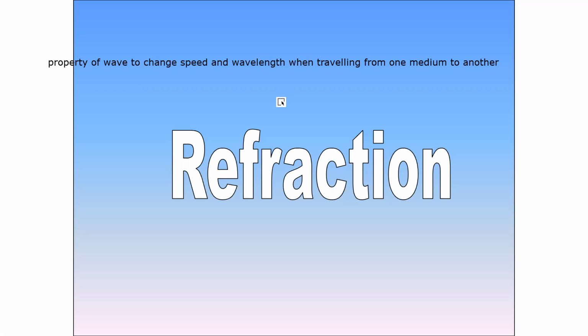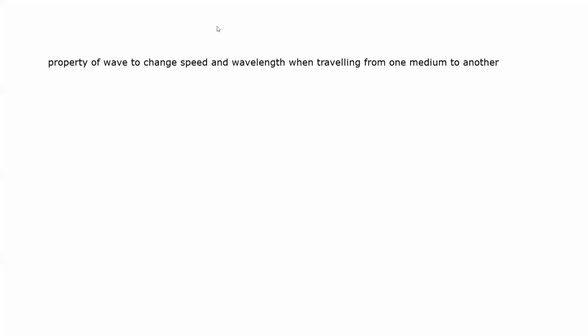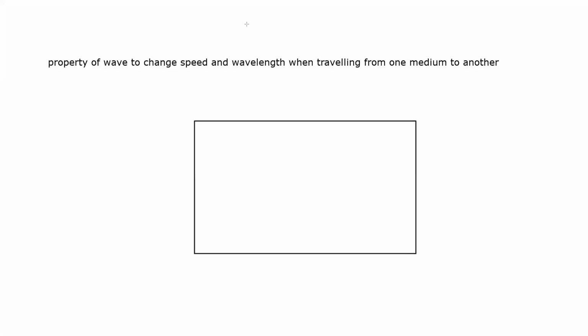So for example, for water waves, water is one medium, so how can we create two mediums in water? This is a ripple tank. A ripple tank is filled with water.